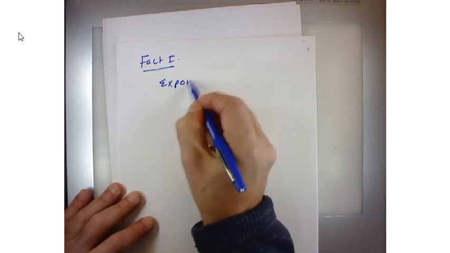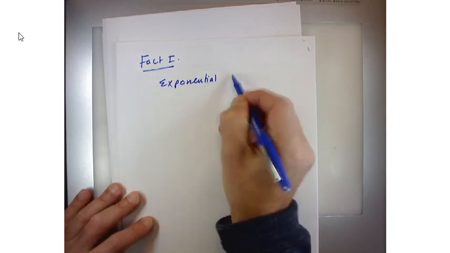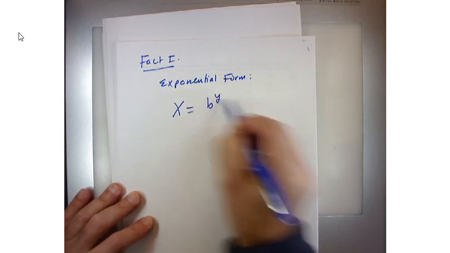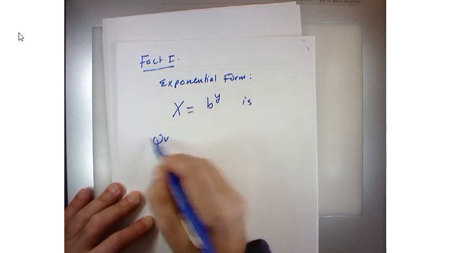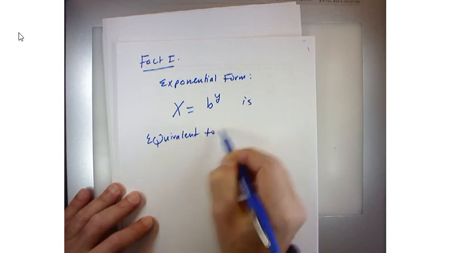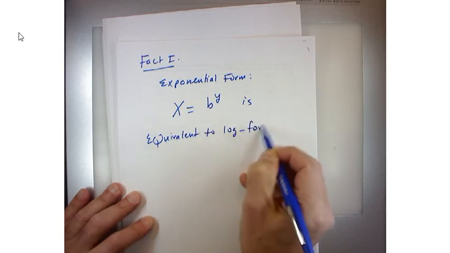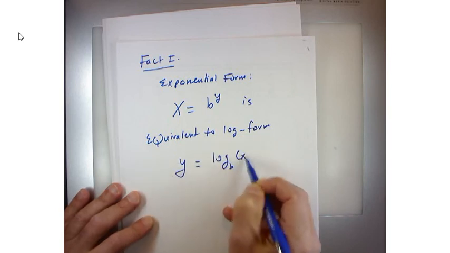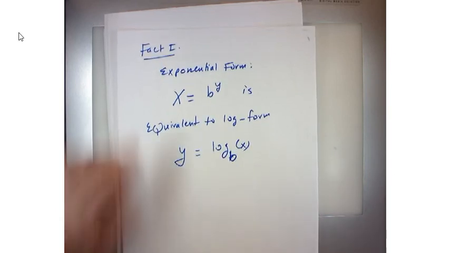Exponential form, x equals b to the y, is equivalent to log form, y equals log base b of x.